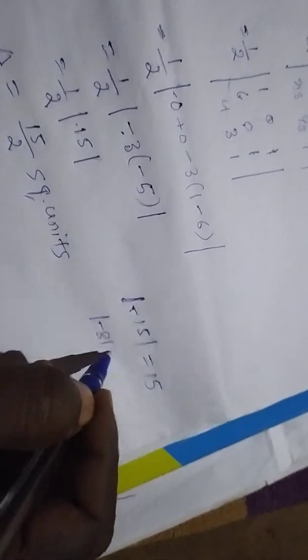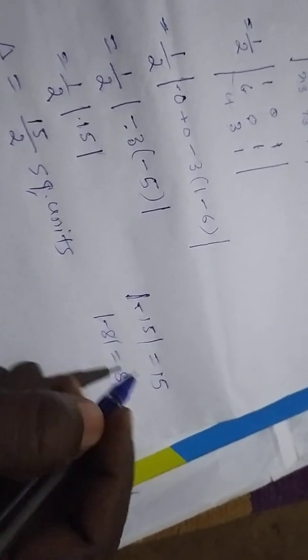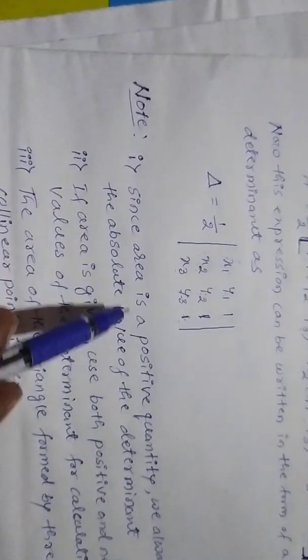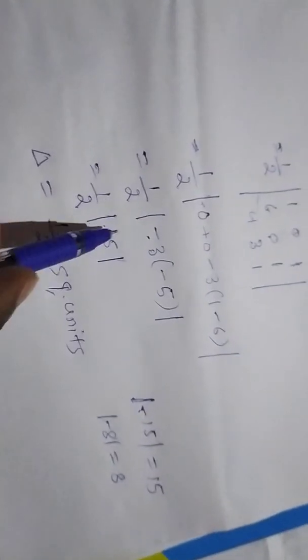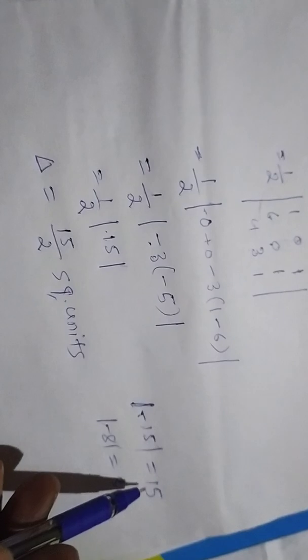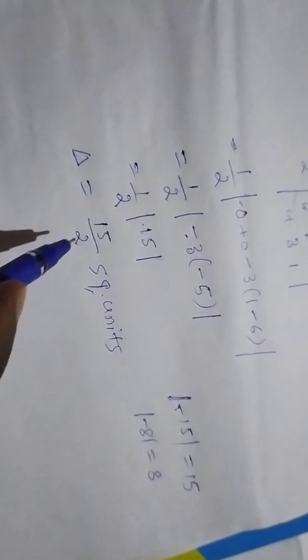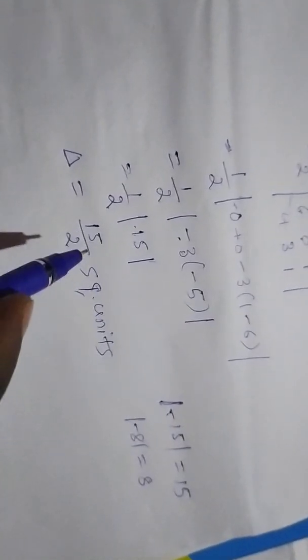If it is minus 8, it becomes 8 because it is an absolute value. According to note 1, since area is a positive quantity, we always take the absolute value of the determinant. If it is positive, don't worry. If it is negative, always take the positive value. This is how to find the area of the given triangle. Thank you.